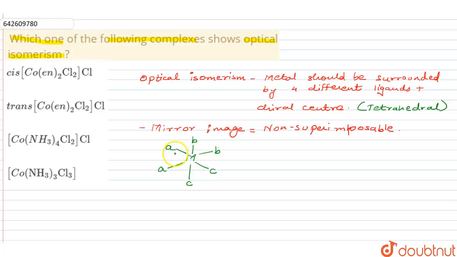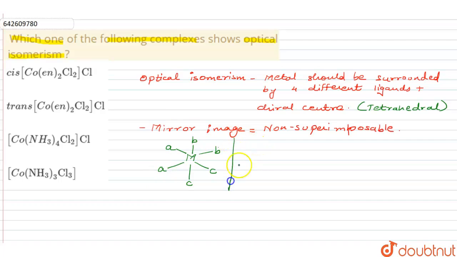And I want to prove whether this is showing optical isomerism or not. Now over here, no one is in trans position. All of them are adjacent to each other. There is no plane of symmetry also.